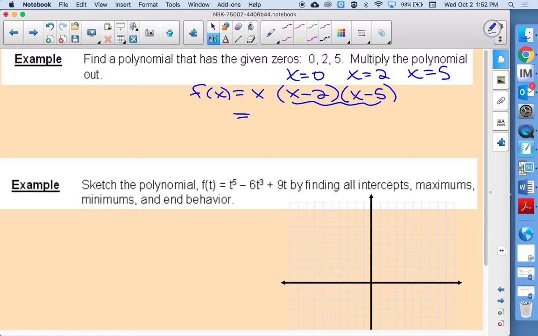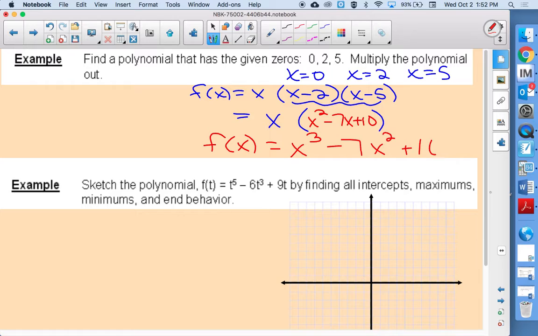Usually we FOIL the binomials together first and then just distribute that term through. So Jacob, if you FOIL it, you get x squared minus 7x plus 10. Yeah. And then distributing the x, making sure you're writing it as a function because it is a polynomial. This is a polynomial in standard form.